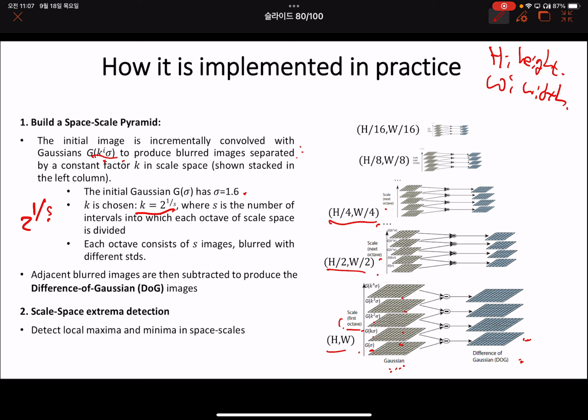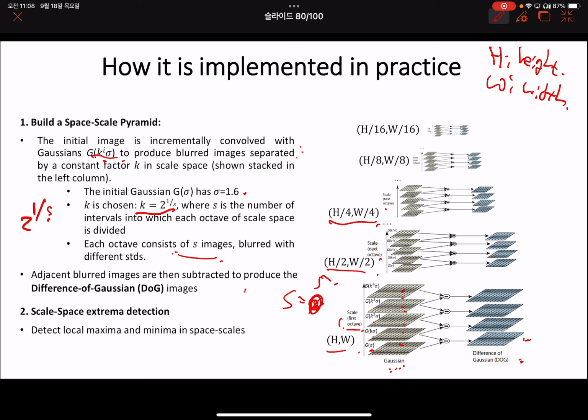So s equals to 4, because there are, no, 1, 2, 5, sorry, 5. There are 5 images in each octave, right? So s equals 5. As I said, each octave consists of s images blurred with different standard deviations, and adjacent blurred images are then subtracted to produce the difference of Gaussian images, the blue ones.